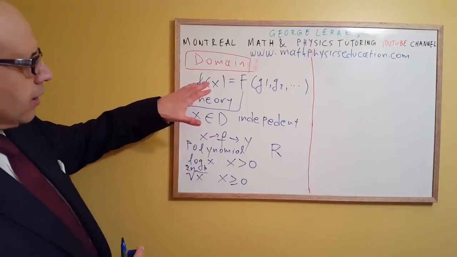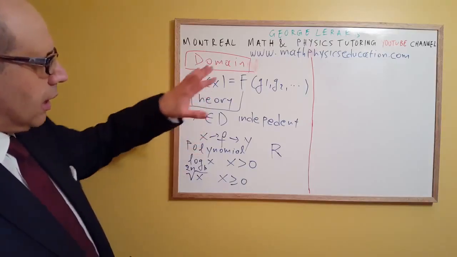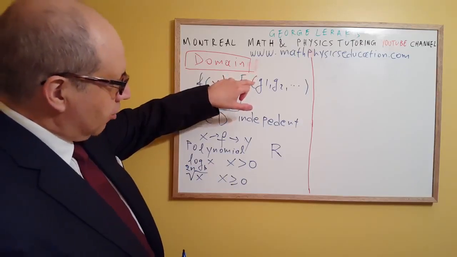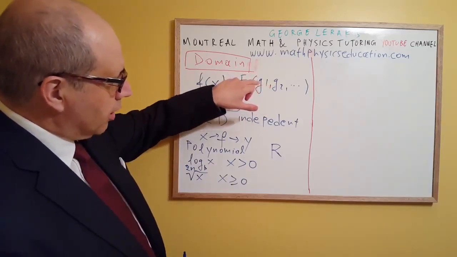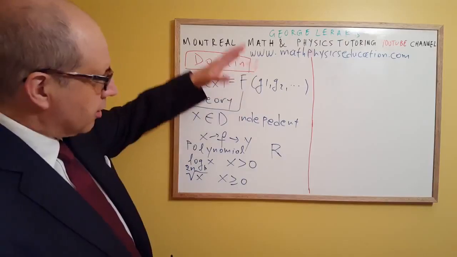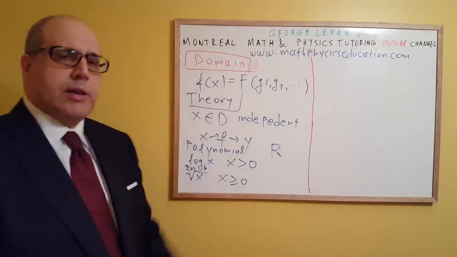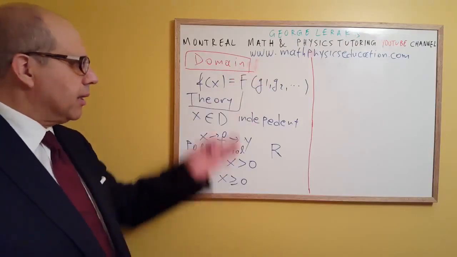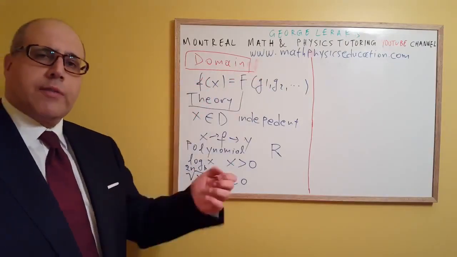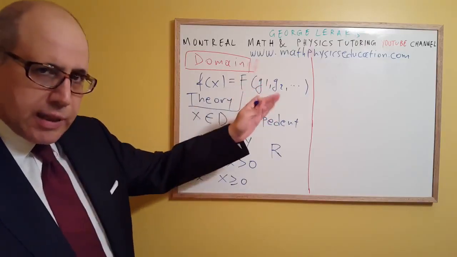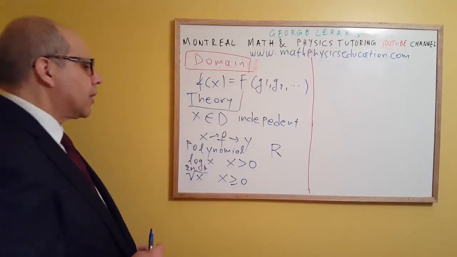In order to find the domain of this function, I have to make sure that each one of these parts of this function, g1, g2, and whatever gn that might be in the F function, satisfy their domains.